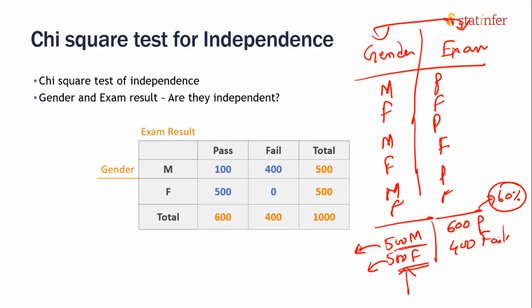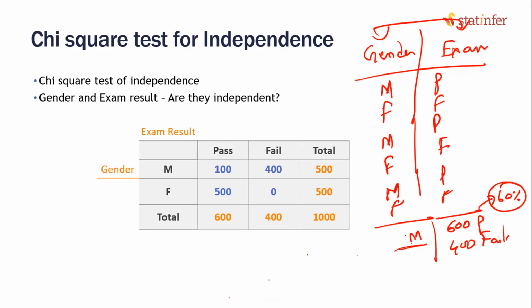Out of male, how many will be passing, how many will be failing? 60% of male, isn't it? 300 males will be passing, 200 males will be failing. Do you agree? In female also 300 will pass, 200 will fail. Do you agree? Because gender doesn't matter. Yes or no?